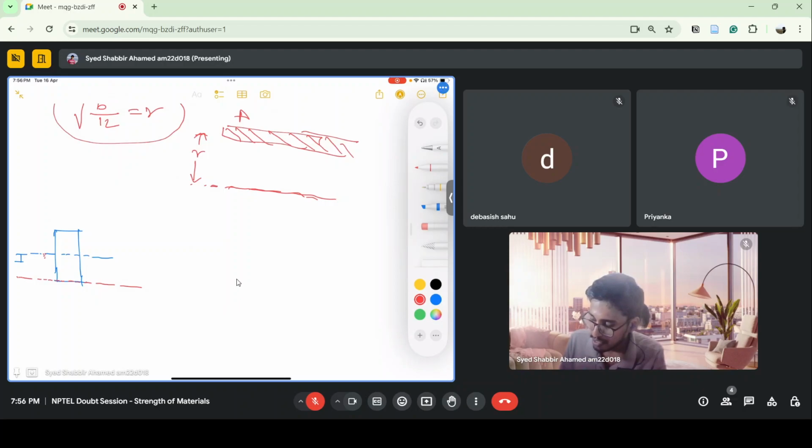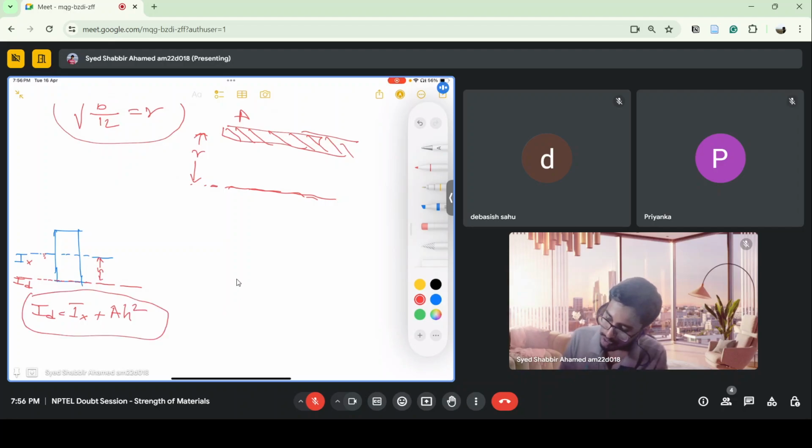I can calculate it using the parallel axis theorem: let's say this is Ix and this is Id. Id is equal to Ix plus the area of this cross section times the distance between the two axes, let's say h. This is the parallel axis theorem. So I want to get the area moment of inertia at an axis different from the one we already know, shifting it to another axis. So this is the parallel axis theorem.